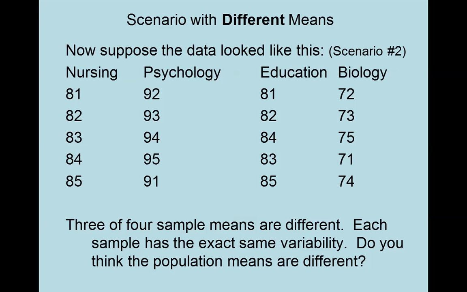For example, nursing and education all had scores from 81 to 85. Psychology had scores from 91 to 95, and biology had scores from 71 to 75. In this case, the means are all the tens digit and 3, right?